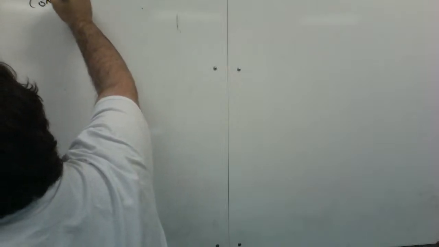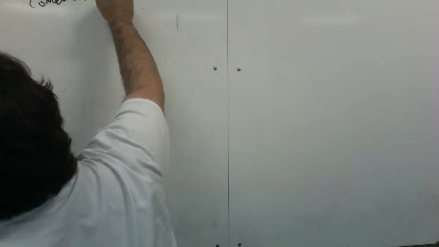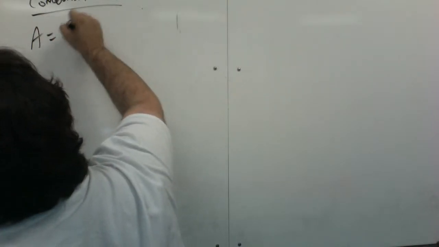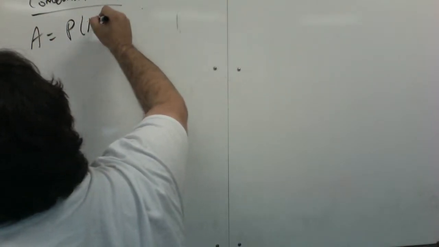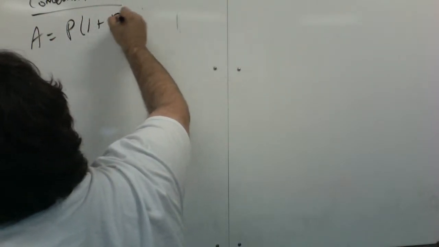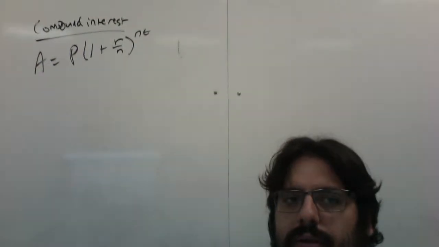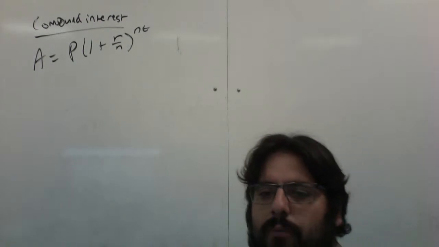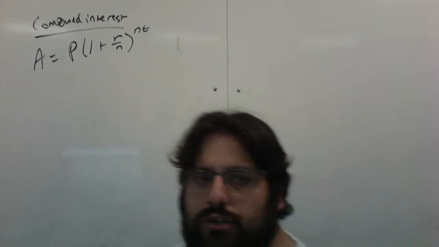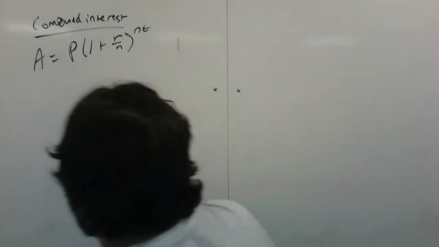So compound interest: we have A equals P times 1 plus R over N to the N T. So the same variables apply except we're adding a new variable, N. N is going to represent how many times interest accrues over the course of 1 year.